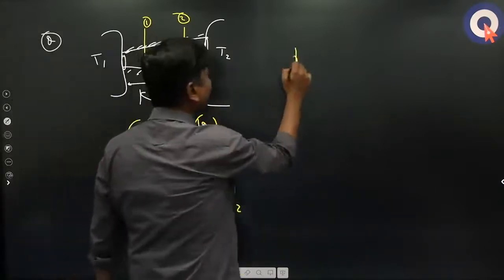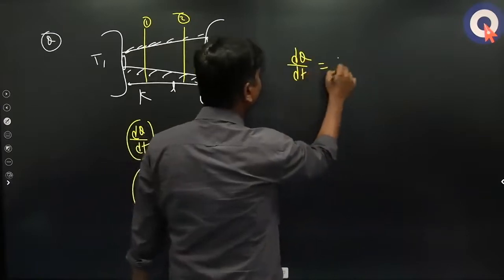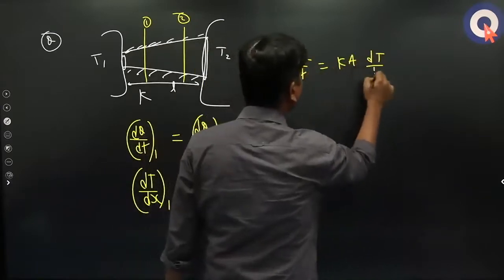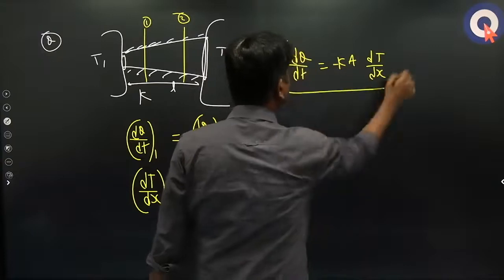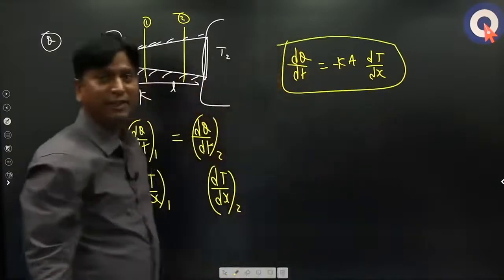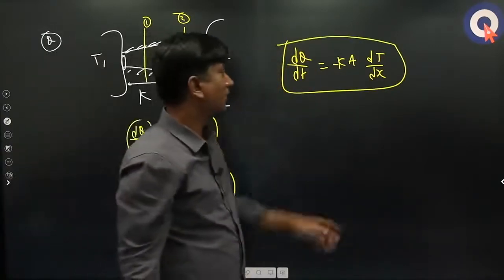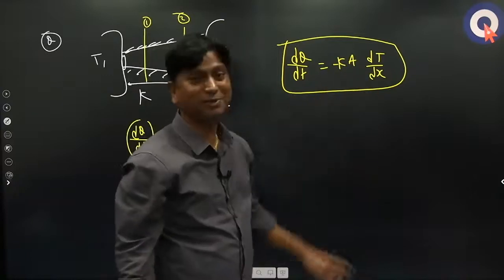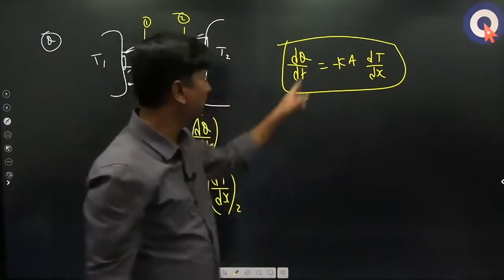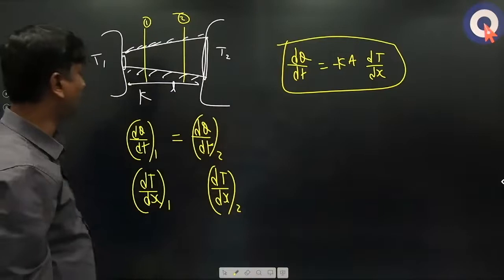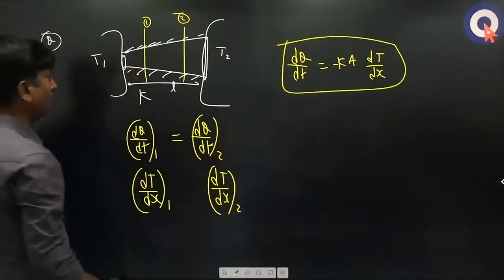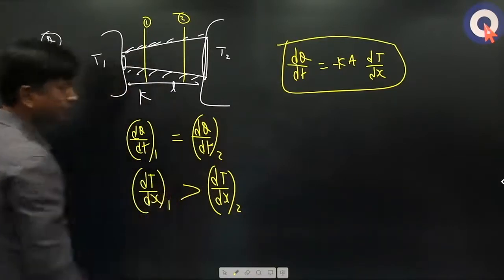We know that dq by dt is equal to minus K A dt by dx. Now K is the same, so area into dt by dx should be constant because dq by dt is constant. Since the area here is less, the temperature gradient will be more.